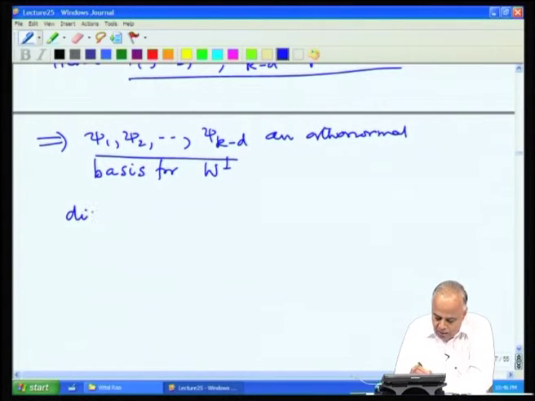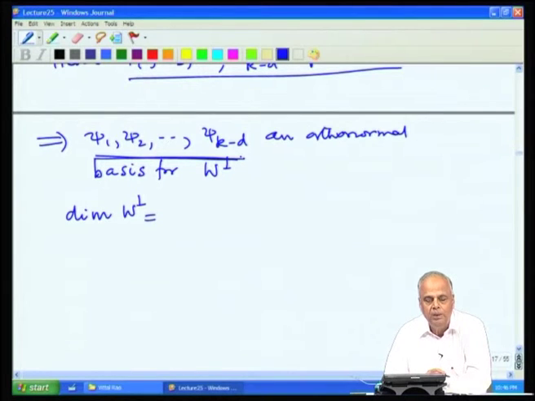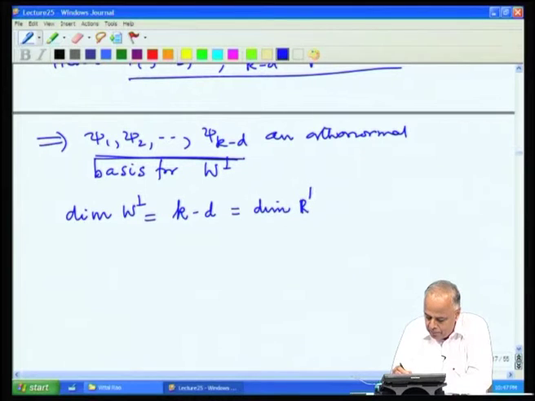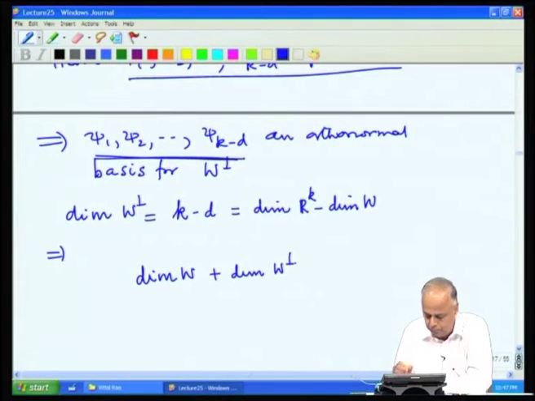What do you get from this as the dimension of W perp? This is a basis for W perp. It has k minus d vectors. The dimension is precisely the number of vectors in a basis. So, dimension of W perp is k minus d, which is dimension of R k minus d, where d was the dimension of W, which implies dimension of W plus dimension of W perp is equal to dimension of R k.